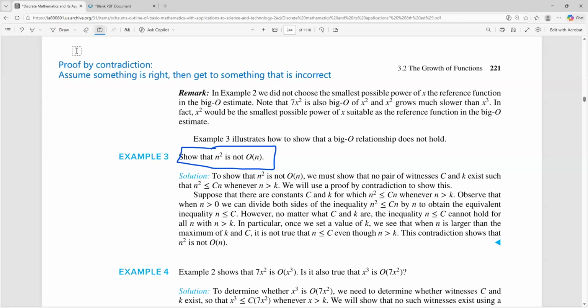It's kind of like hitting two birds with one stone. So I want to prove that n squared is not big O of n. Let's assume it is. That means n squared is less than or equal to some constant times n for all n greater than or equal to some x0. Okay?